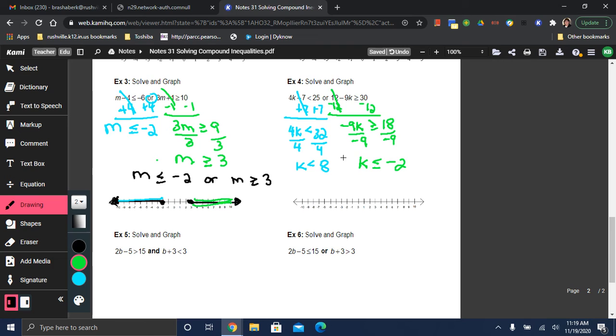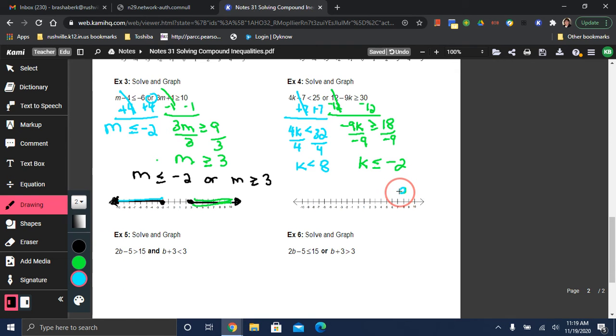All right, now let's see what happens with this graph. I'm a little concerned because I see both of these are less thans. So I'm actually going to graph up above the number line first just to see what happens. So I'll start with k is less than 8. And that's going to be an open circle on the 8. Whoops, I thought I had changed colors.